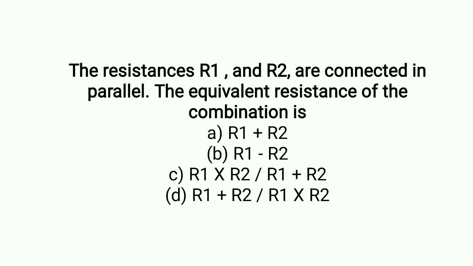We know that to calculate the equivalent resistance when resistances are connected in parallel, the formula is 1 by R equivalent is equal to 1 by R1 plus 1 by R2. Simplifying that, you will get option C, R1 into R2 divided by R1 plus R2, as the correct answer.